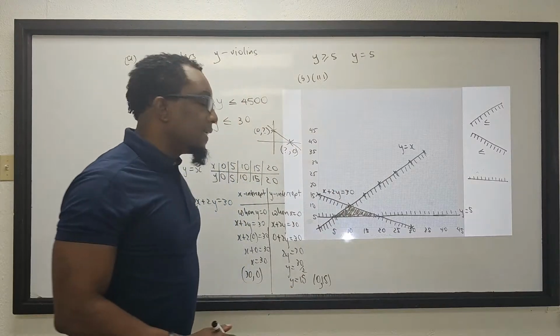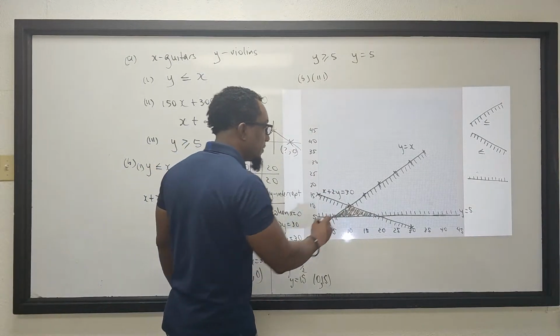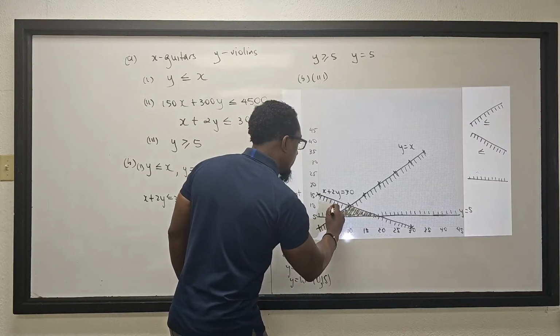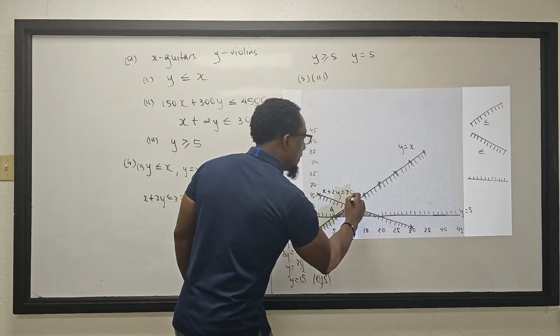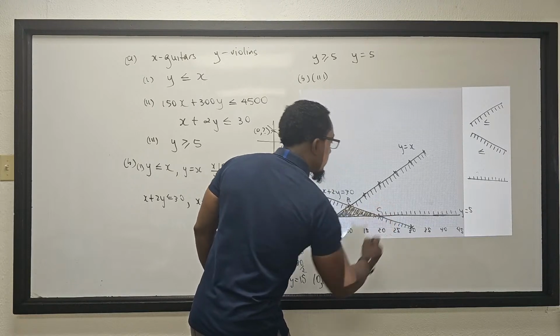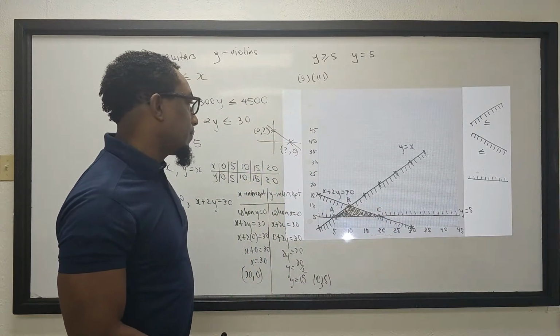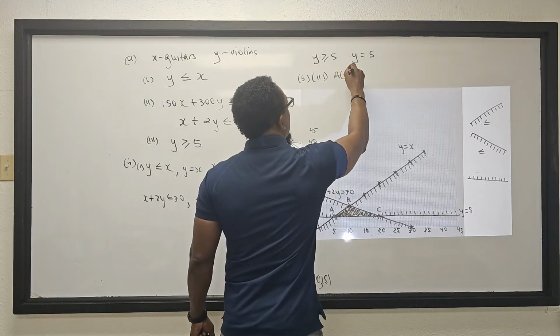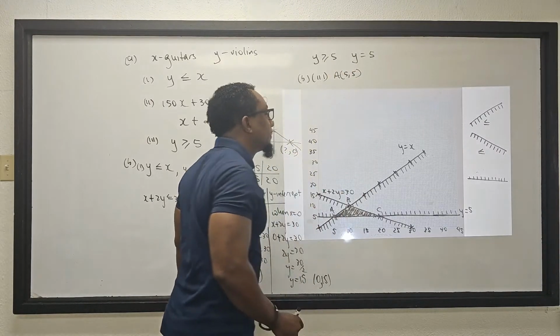So the vertices of the satisfied region, this is a triangle. Let's call here A, let's call here B, let's call here C. The vertices of A will be (5, 5).